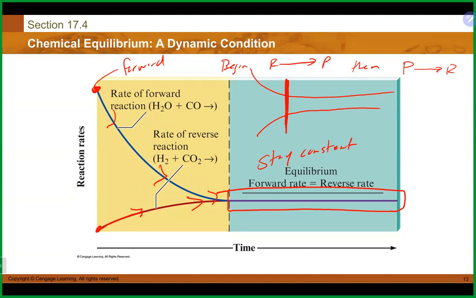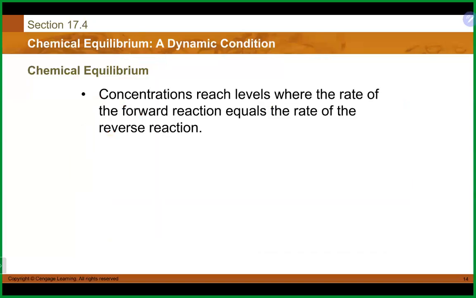They can just flatline out wherever they're at, and that is where they will reach equilibrium. Any questions on that there? So chemical equilibrium, again, is the point where the rate of those forward reactions and reverse reactions equal each other. Again, not necessarily the same amount of each.